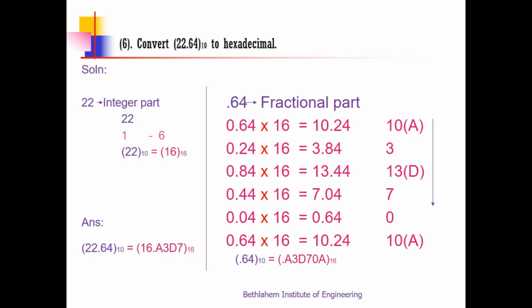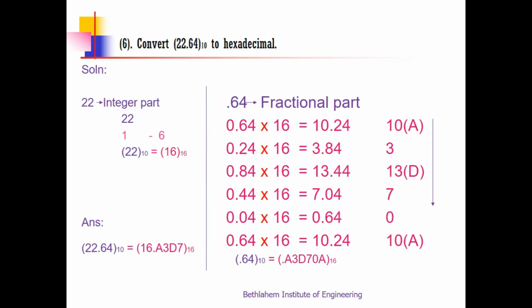And for the fractional part, you have to follow the procedure like this. And one more thing: while converting the integer part, you have to write the answer from bottom to top in this order. And in the fractional part, you have to follow from top to bottom. Are we clear with this? So this is the conversion of any decimal number to another number system, here hexadecimal.